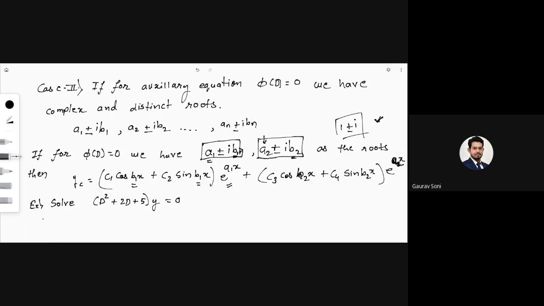So what will be the auxiliary equation for this? The auxiliary equation is D squared plus 2D plus 5 equal to 0. Whoever has the calculator and has understood how to find the roots can go ahead and find the roots of this and tell me the value of D.